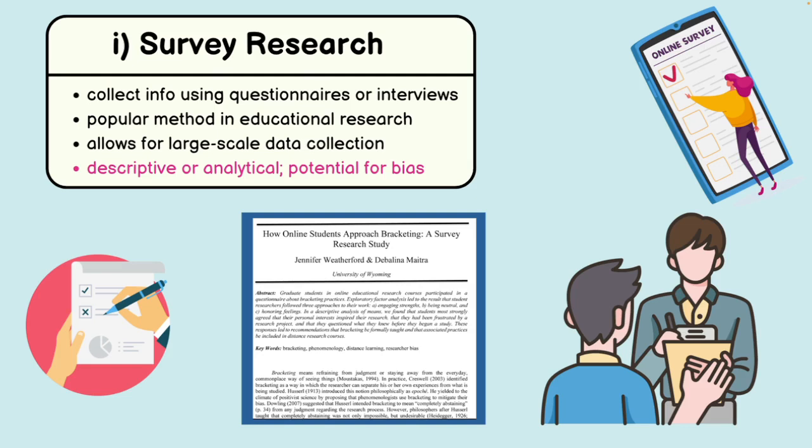And so those are the two different types in terms of the quantitative versus the qualitative type research. And you can use the information collected from survey data for descriptive or analytical type study, but you must be aware of the potential for bias because there is always a certain type of person who will respond to a survey and a certain type of person who will not respond to your survey.